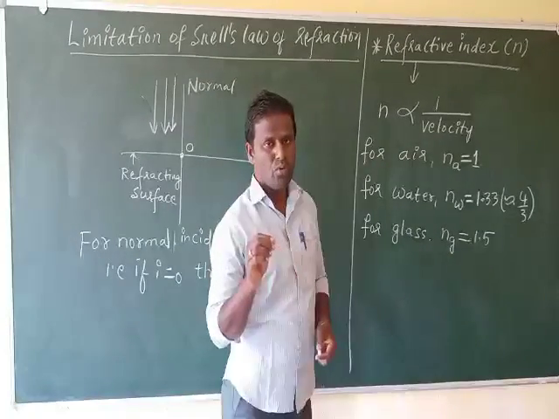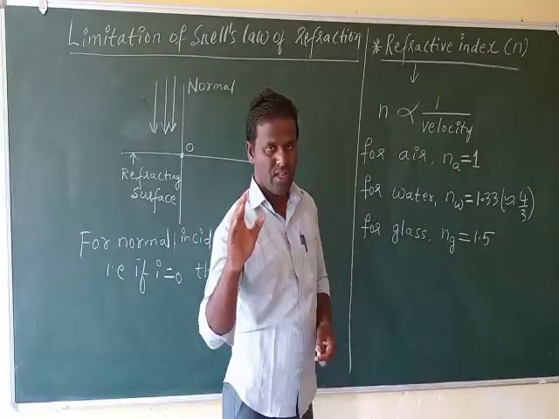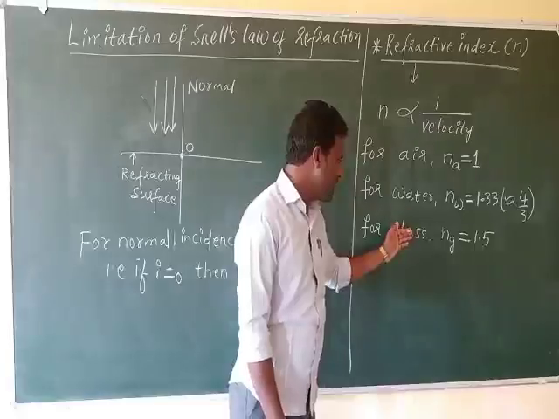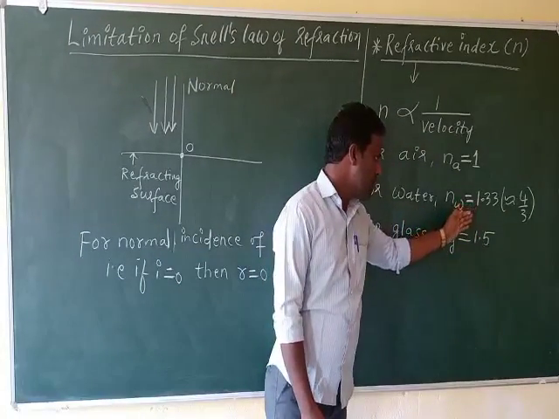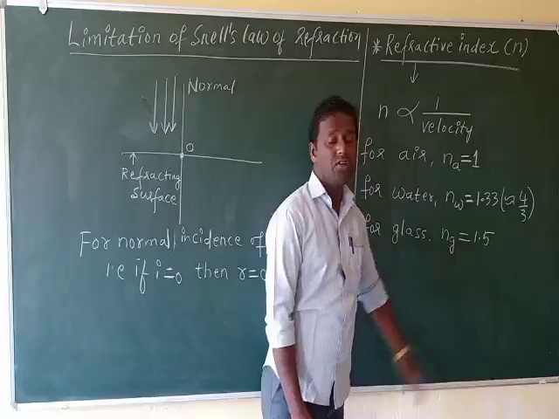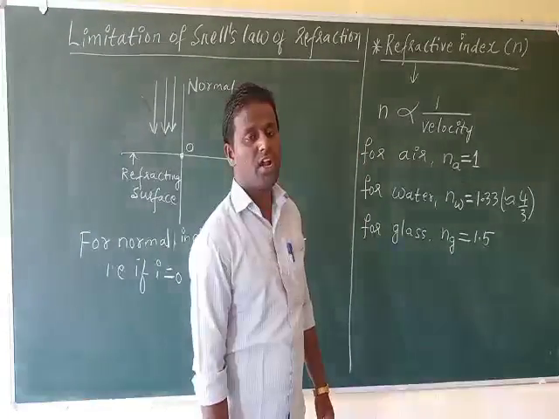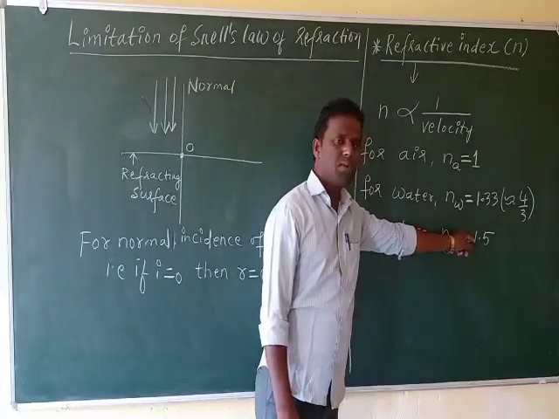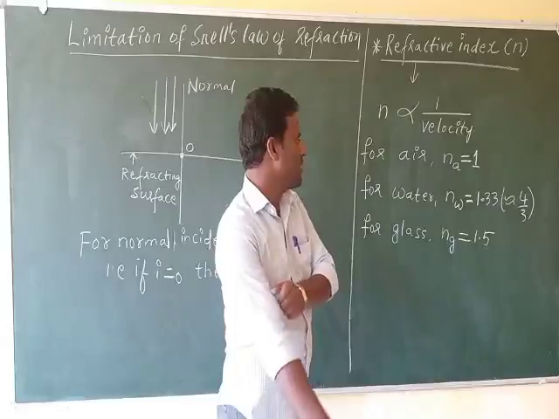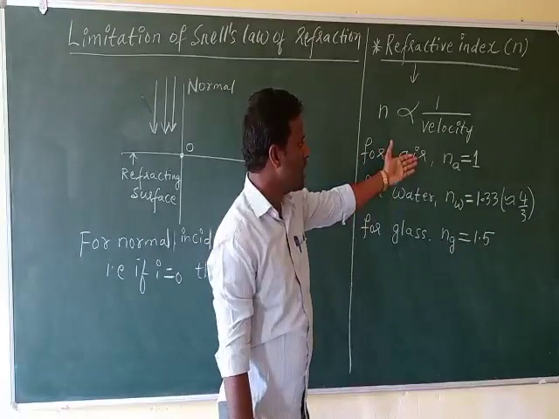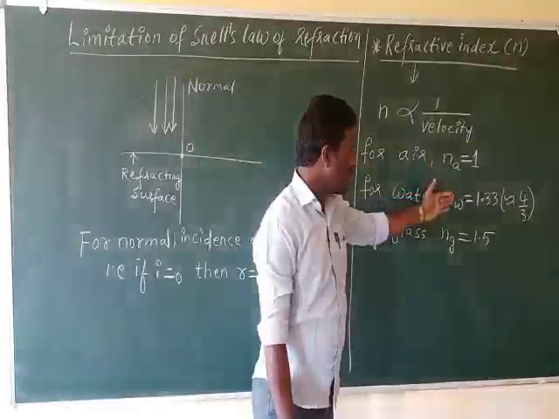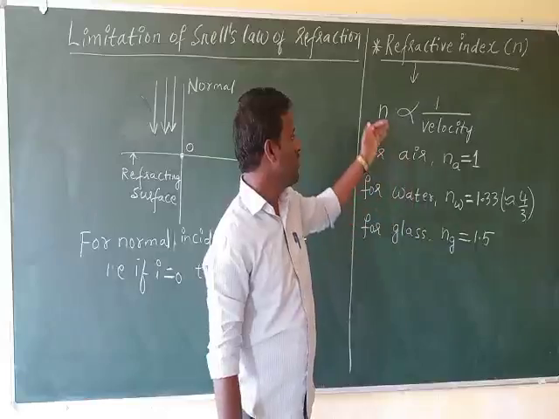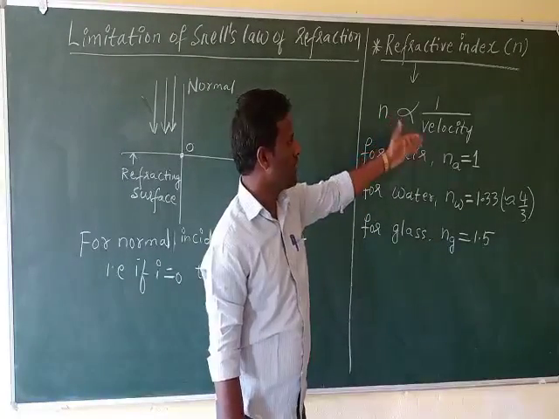The medium which has a higher refractive index, in that medium the speed of light becomes less. So take glass, which is 1.5 compared to water. So light travels at a lower speed in glass than in water, because for glass medium the refractive index is 1.5, for water medium it is 1.33, and for air medium it is 1. So among air, water and glass, in the air medium light has more velocity, because for air n is minimum, so velocity is maximum.